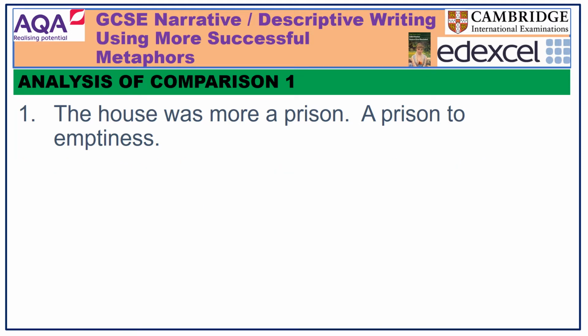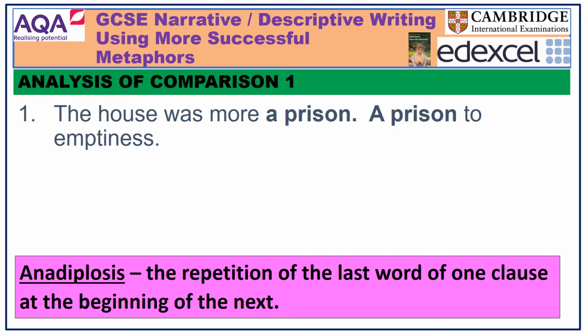I think the use of anadiplosis within the second sentence makes it more effective. The second sentence is dramatically short for effect and aims to highlight just how confined and miserable the narrator feels within the house. It makes him feel as though life is worthless, has no value.